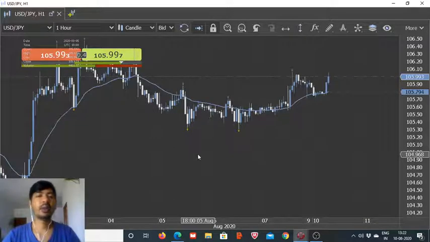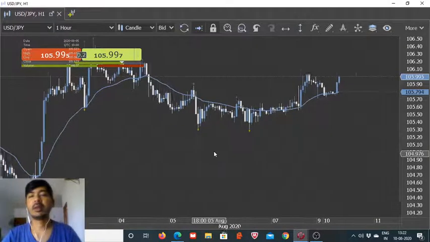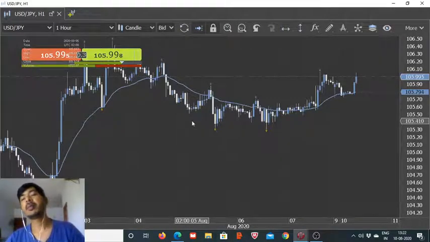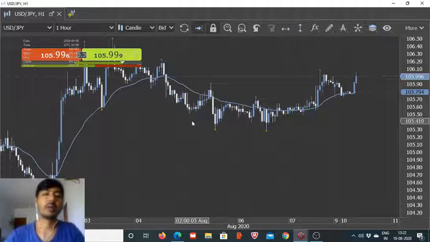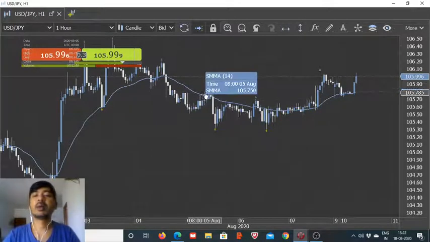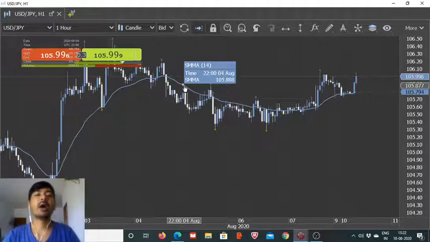Now, coming to the SMMA's utility, there are multiple ways in which we can employ this indicator in our algorithmic setup. We can do a simple comparison between the outputs of various SMMA blocks.